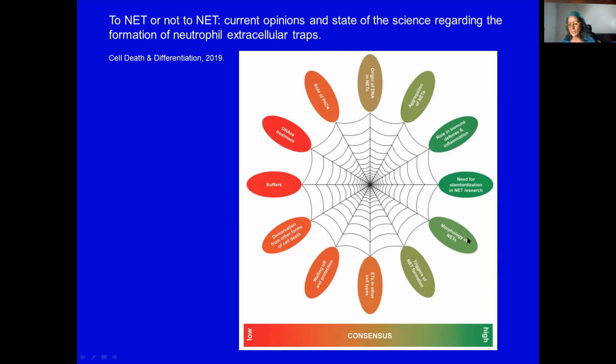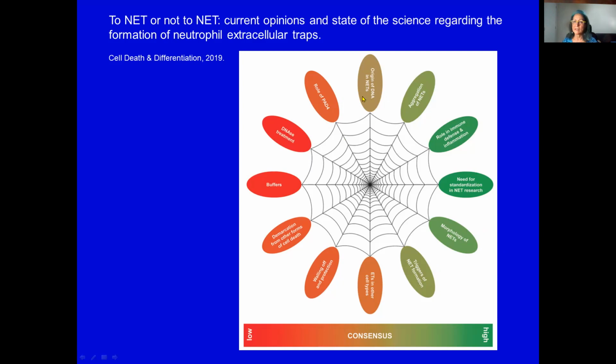The morphology of NETs is also an agreement, a consensus, and the triggers of NET formation. Also, there is not a lot of controversy around that.